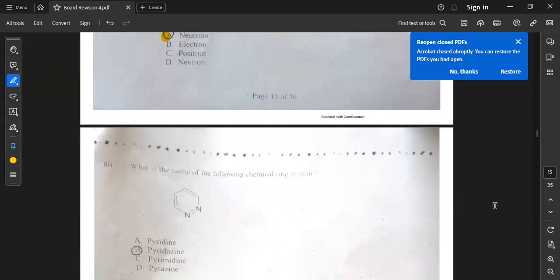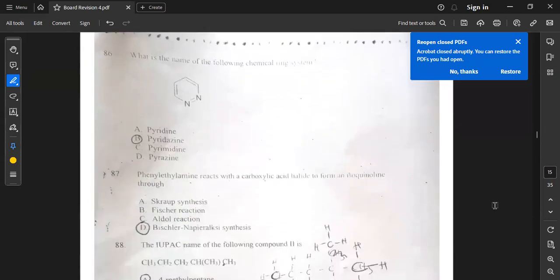Number 86 is asking, what is the name of the following chemical ring system? Is it pyridine, pyrimidine, pyrazine, or pyridazine?